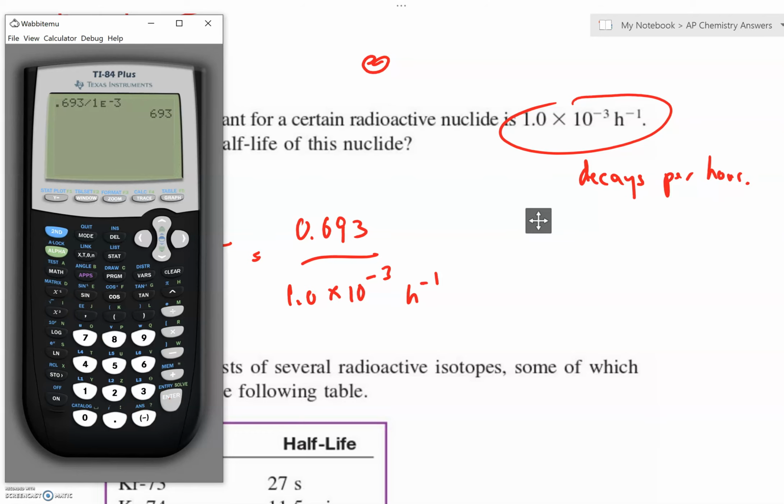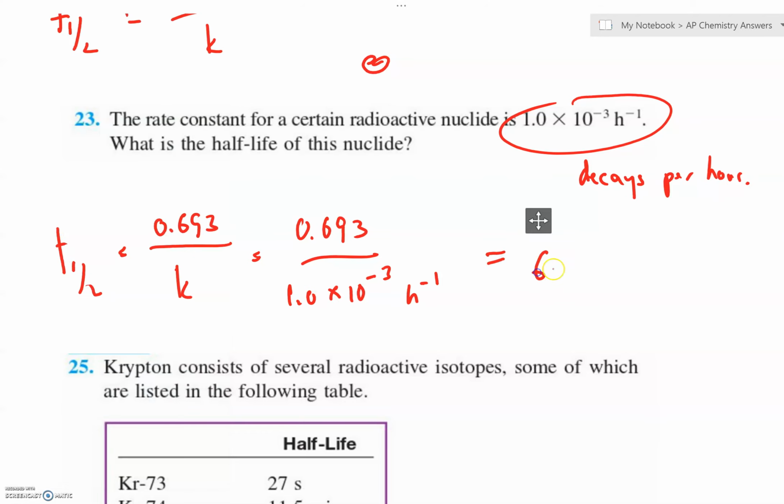And this is our answer. It takes 693 hours for whatever our sample is to decay to half of its original amount. The greater the rate of decay, the hotter the sample.